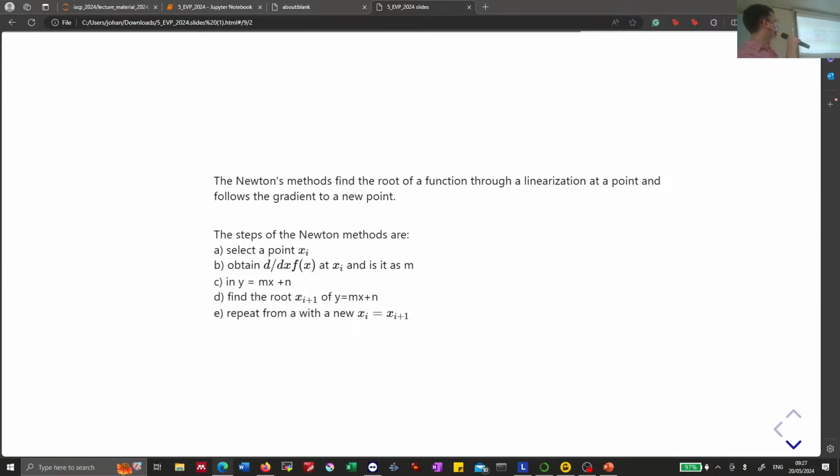Okay, and then we get y equals mx plus n. But this is just a linear function. And when we have this function, we can find the root xi plus 1 of this linear function, and we override the xi with the new xi plus 1. So far, so good? Yes, no, maybe?